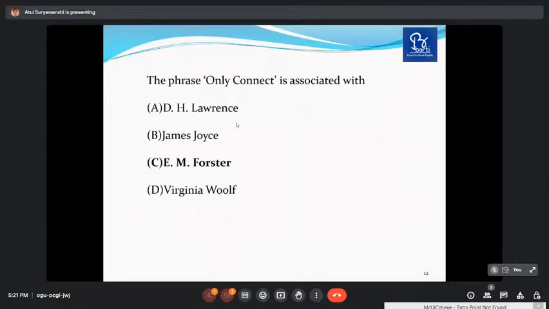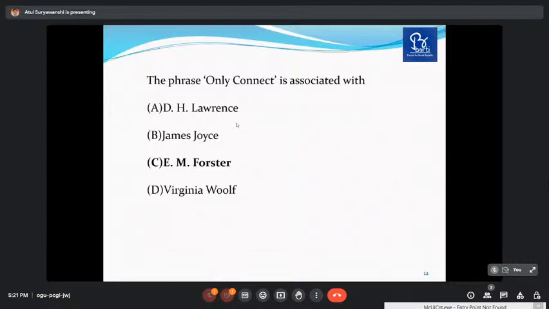This is the connectivity of the human beings among themselves. This is the connectivity of the blood relations. This is the connectivity of the human beings from a humanitarian point of view. So this is what the term is about. And it is associated with the third option, E.M. Forster. E.M. Forster, only connect.